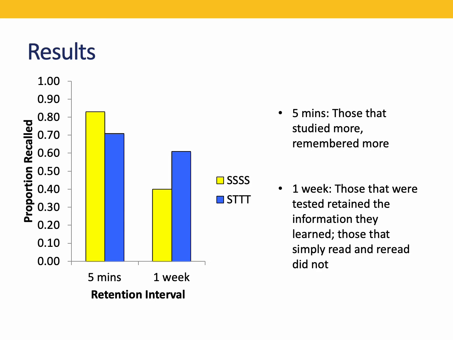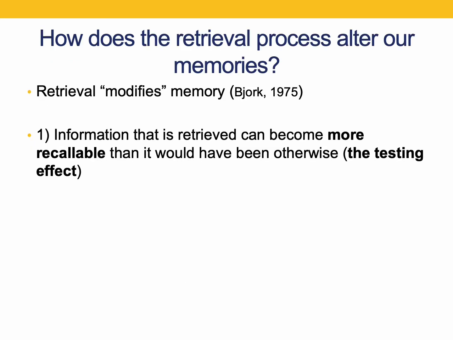Okay, so let's go back to our original question, right? So how does the retrieval process alter our memories, right? Well, there's promise in memory retrieval in the sense that information that is retrieved can become more recallable than it would have been otherwise, right?